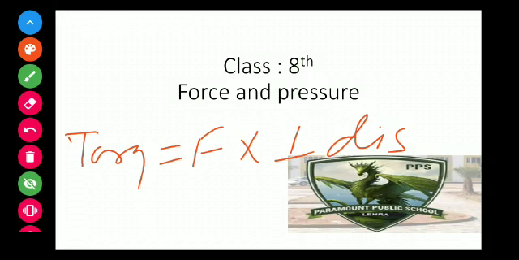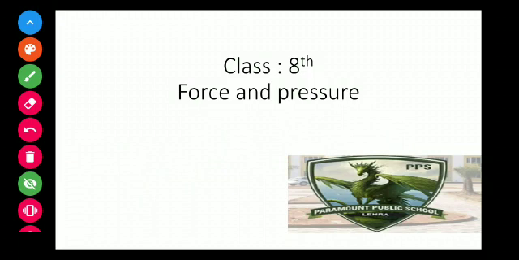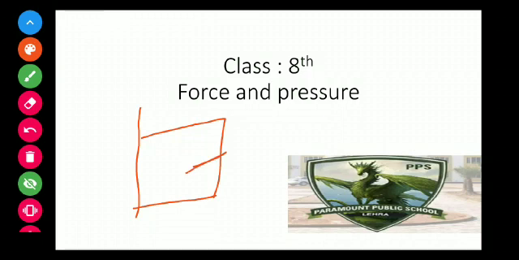And what is the perpendicular distance? Perpendicular distance is the distance between the line of action of force and the axis of rotation. For example, this is your door and you apply a force at this point. This is your axis of rotation. This is your applied force.